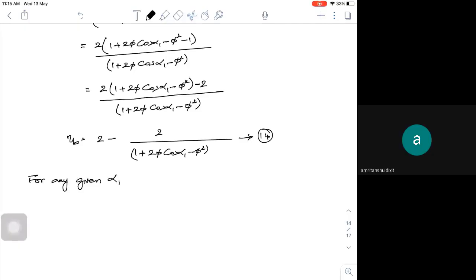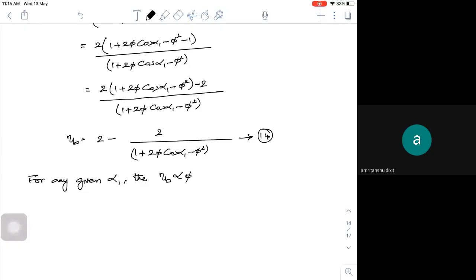That means the flow angle with which the jet is directed toward the steam turbine blade. So for a given alpha, this becomes constant. For any given alpha, from equation 14 I can see the blade efficiency is a function of phi.